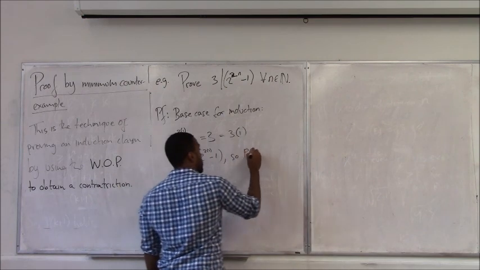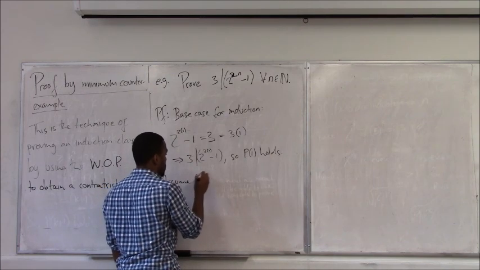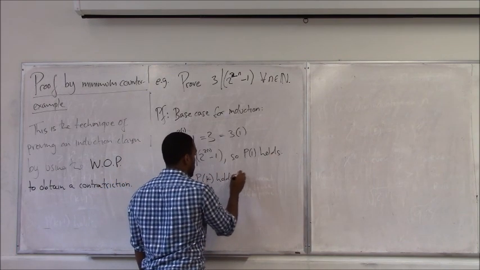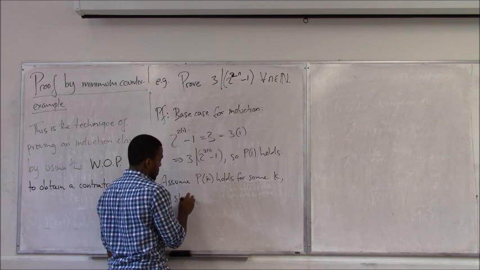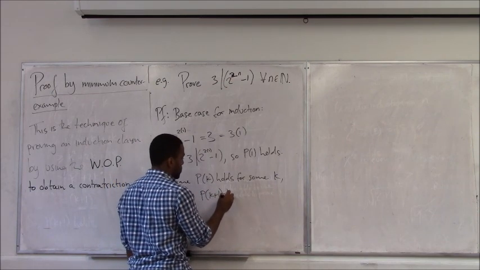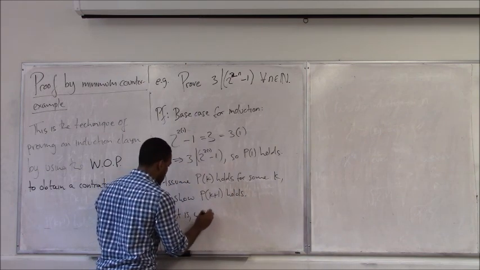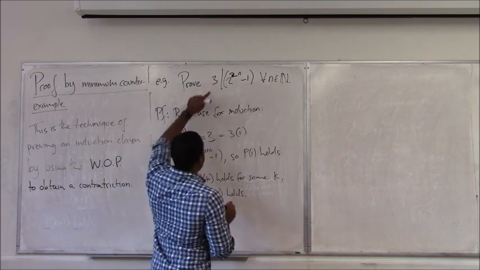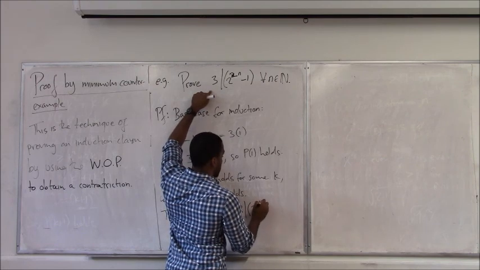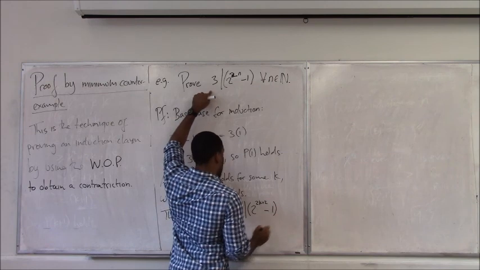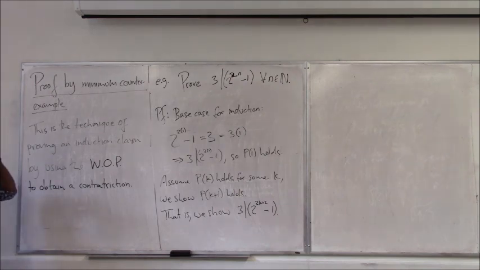And so P of 1 holds. Assume P of k holds for some k. We show P of k plus 1 holds. That is, we show that 3 divides 2 to the 2k plus 2 minus 1. So you want to go ahead and do that.